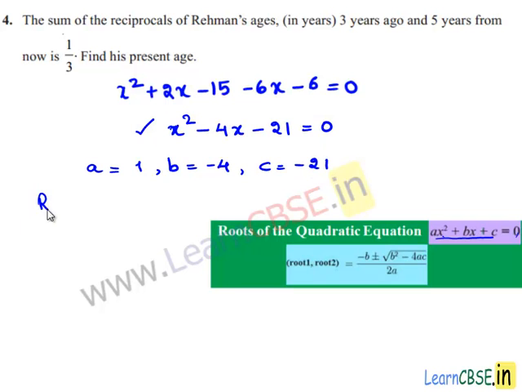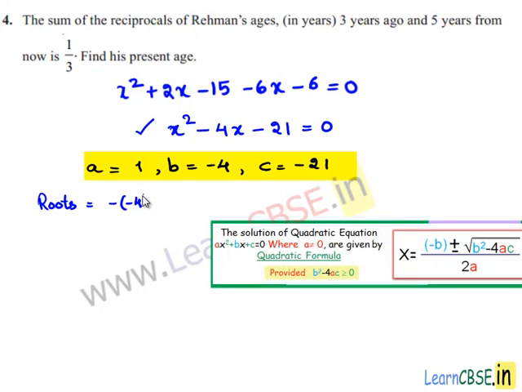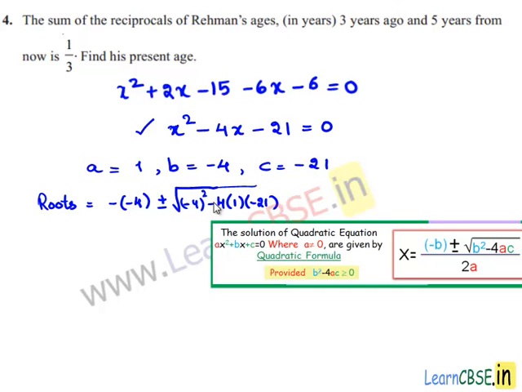Therefore, roots is equal to minus b, which is minus of minus 4 plus or minus square root of b square minus 4ac, which is minus 4 square minus 4 times of 1 multiplied by minus 21, divided by 2 times of a is 1.